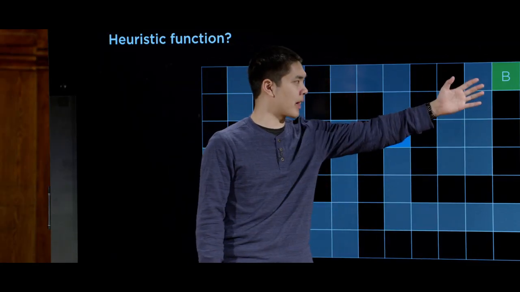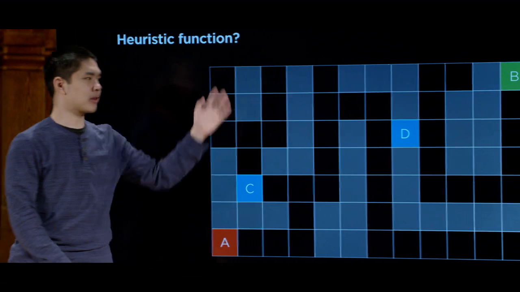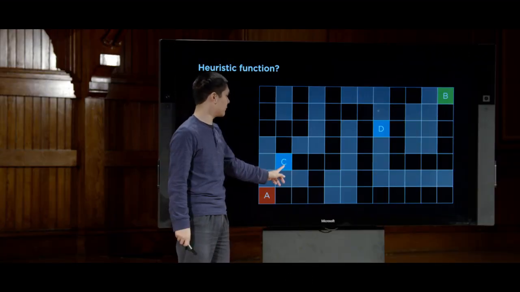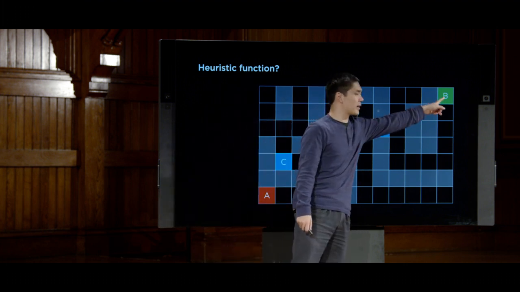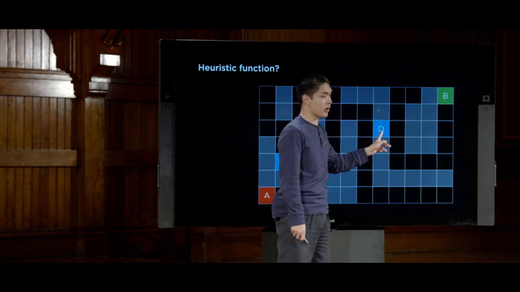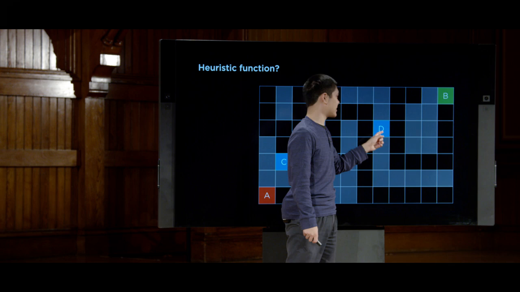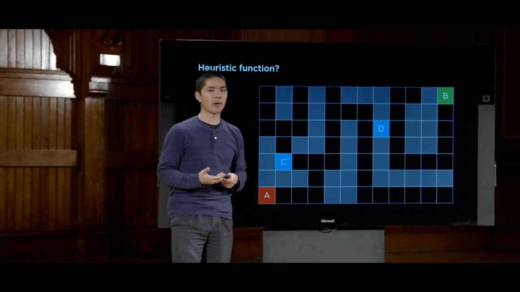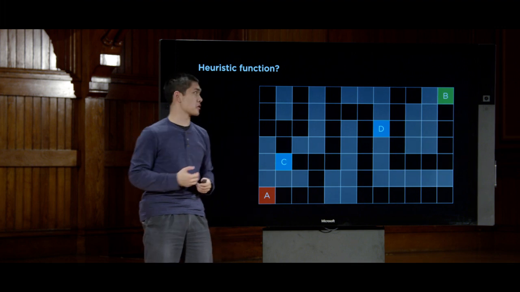It's fewer steps that I would need to take to get to the goal as compared to C, even if you ignore the walls. If you just know the xy coordinate of C and the xy coordinate of the goal, and likewise you know the xy coordinate of D, you can calculate that D, just geographically, ignoring the walls, looks like it's better. And so this is the heuristic function that we're going to use.